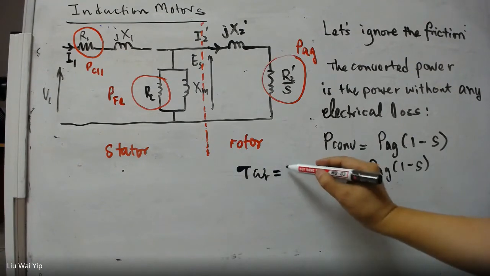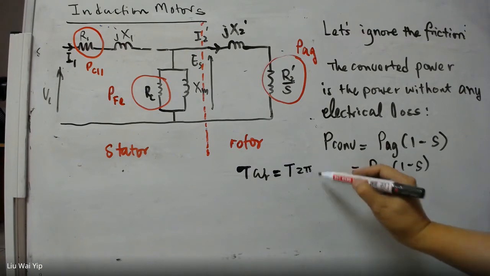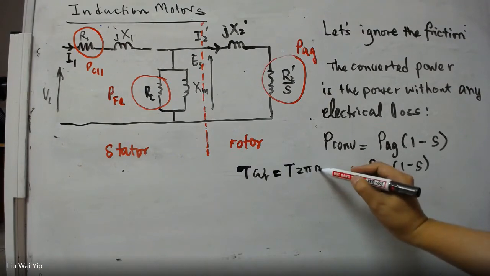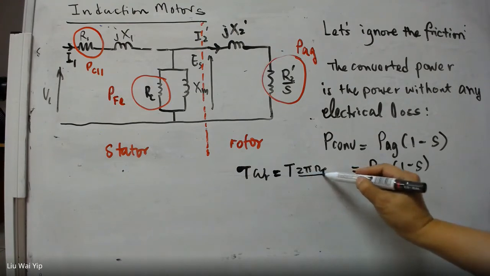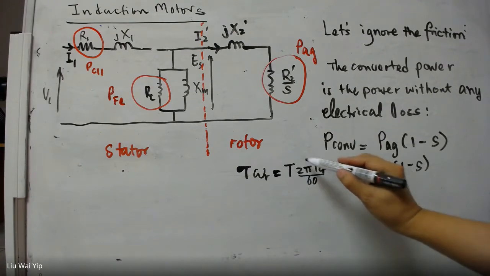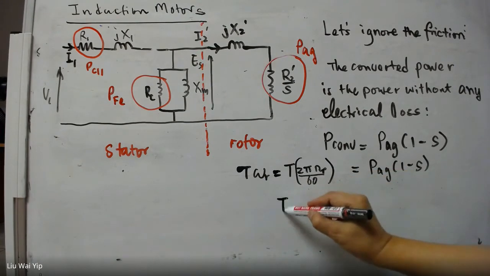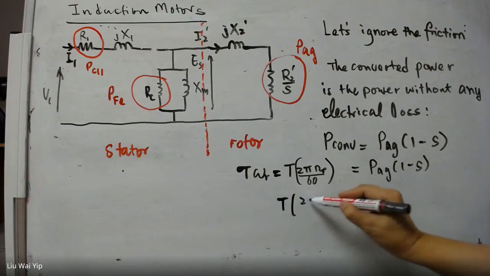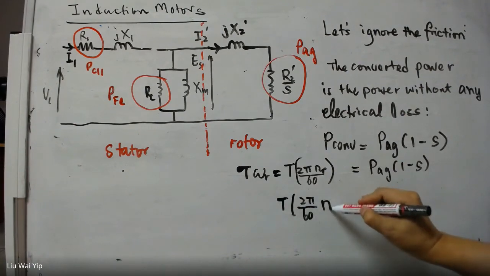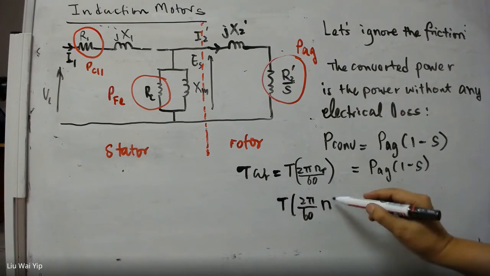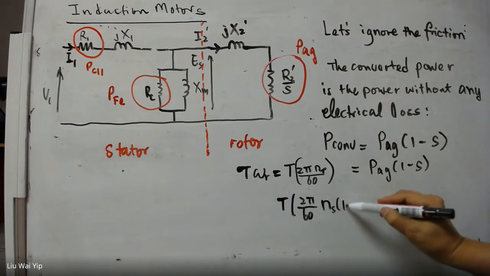The angular velocity is given by 2 pi n_r divided by 60. But this can be, according to what we have done, the speed of the rotating magnetic field times (1 minus s).